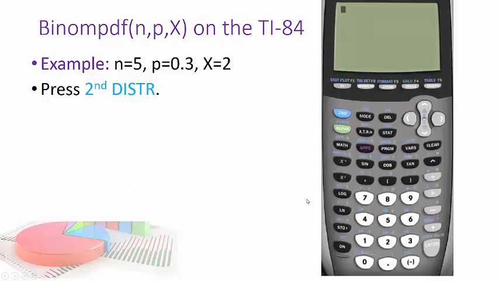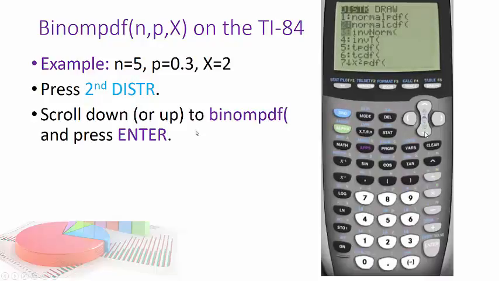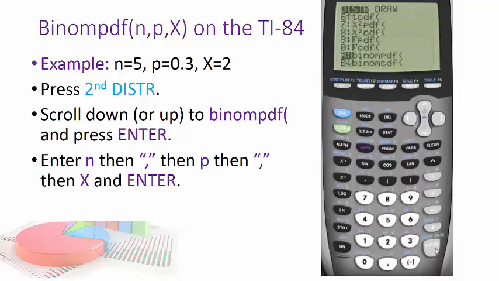So the first thing I do is I hit second distribution, just like I did on the others. And you scroll up or down, whatever's easier, to Binomial PDF and press enter. Then you press n, in this case 5, comma 0.3, comma 2. So it's n, p, x. Press enter.